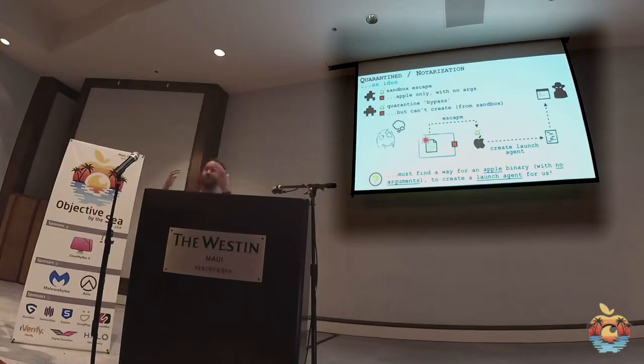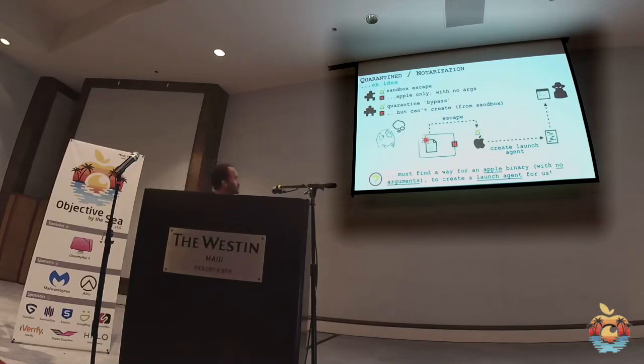So sure, we can persist Calculator, or we can persist Terminal that will be executed. But again, since we can't pass any command line arguments, this is essentially useless. And sure, as we showed, we can also bypass, get around, sidestep Apple's quarantine and notarization requirements using a launch agent. But again, we can't create a launch agent because Microsoft has specifically patched that attack vector.